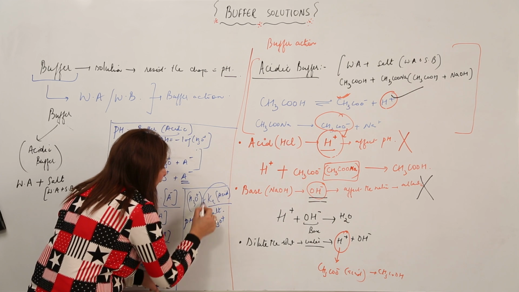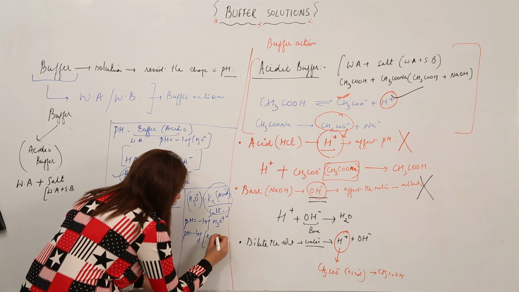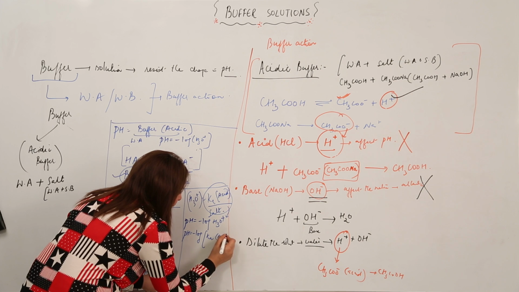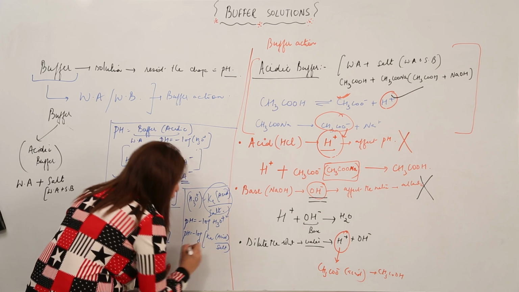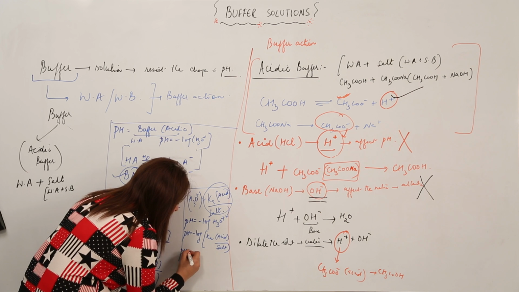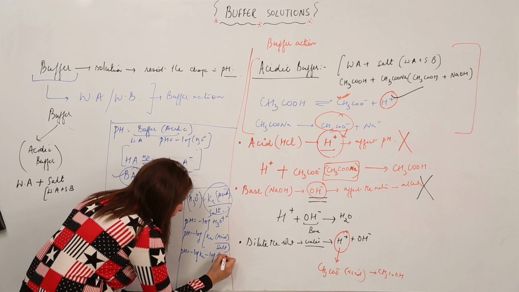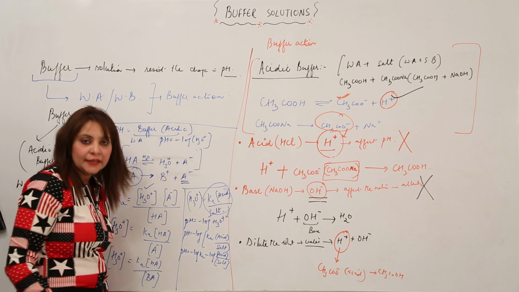So I am putting this value of hydronium ion concentration here. So what do I get? pH is equal to minus log Ka times acid upon salt, right? I can write it in a different manner also, where pH is equal to minus log Ka minus log concentration of acid to concentration of salt. Yes, we can do that.